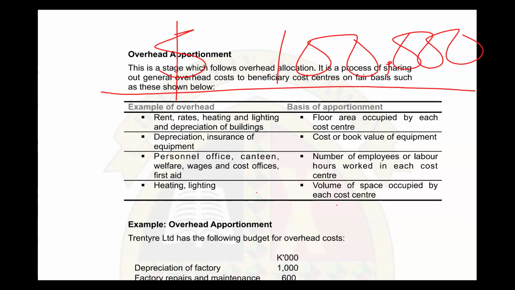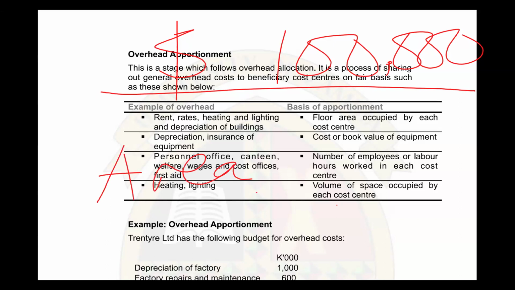So now, the question is, how do we share? How are we going to be sharing with these other schools? Are we going to share according to the number of students each school has? Or according to the area space occupied by each school?